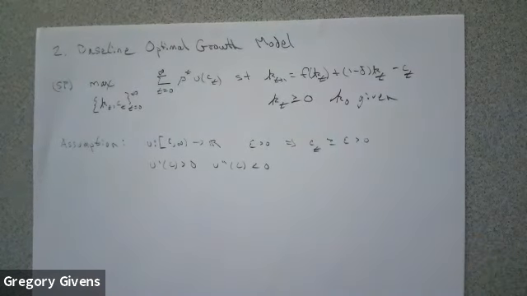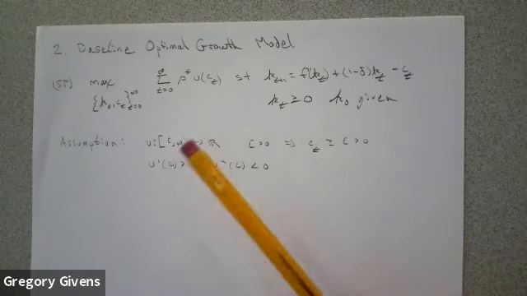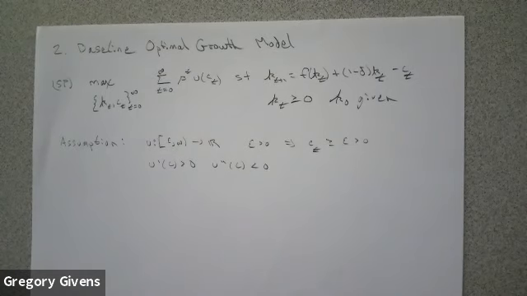Now, I don't want you guys to get freaked out by this assumption. It turns out to be stronger than what is needed, but I'm going to make this assumption in order to make the proof of the stability of the steady state in this model a little bit easier to do in the next class, okay?